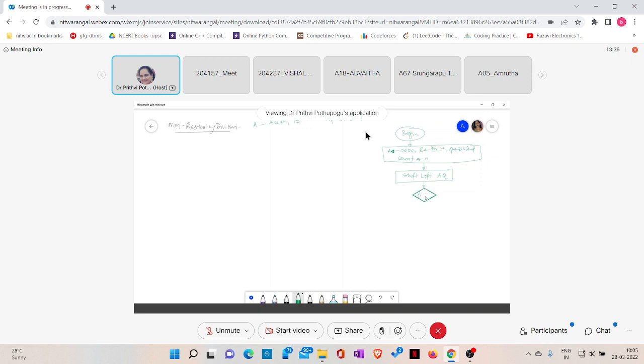Is it less than 0 or not? That means for this, we take A of n bits. If it is false, less than 0 false means a positive number. If this is true, it means that it is a negative number.